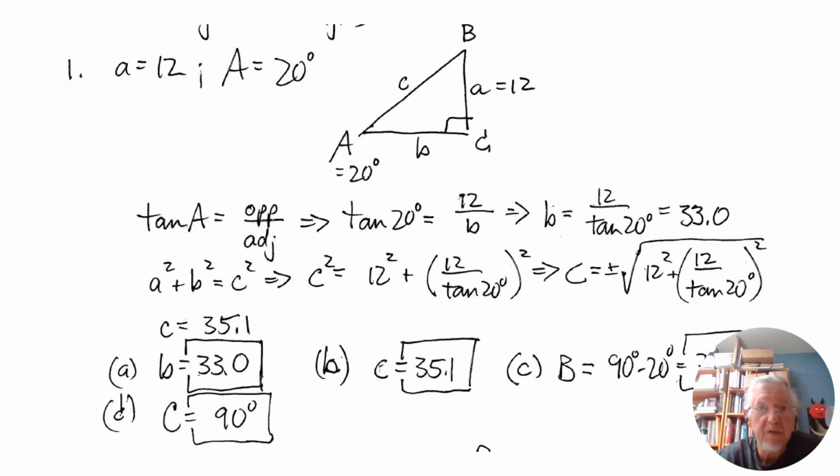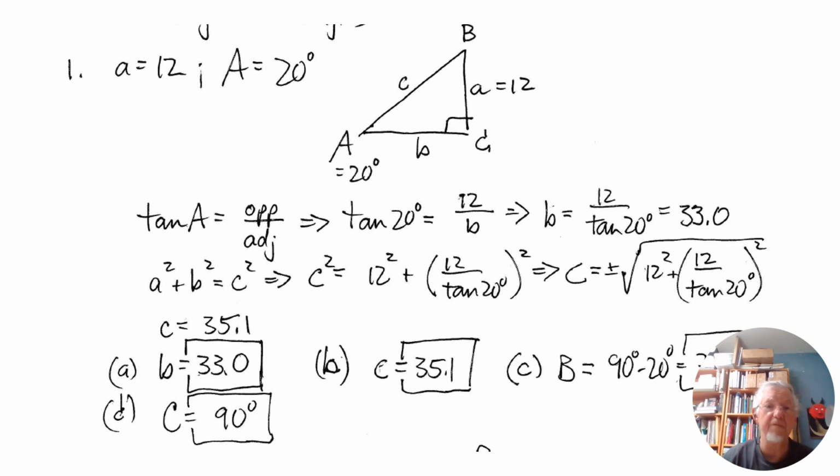C squared is A squared plus B squared. C squared is equal to plus or minus that. And note, everything that I'm calculating is given: A is 12, 12, and 20. And then I give the proper approximation. And of course, the length of C is not a negative number.